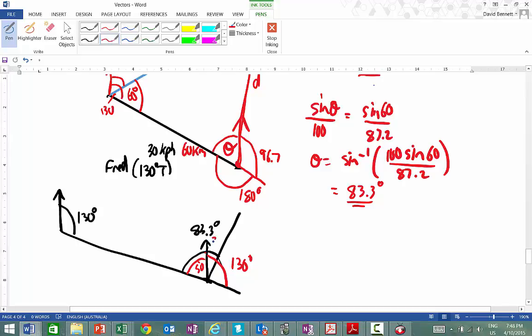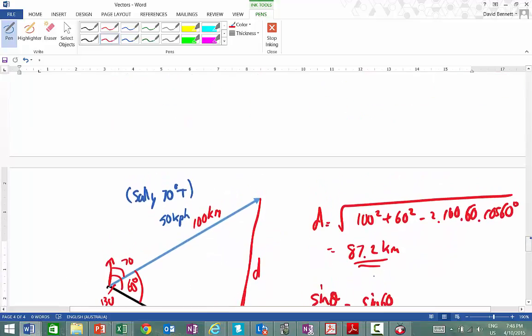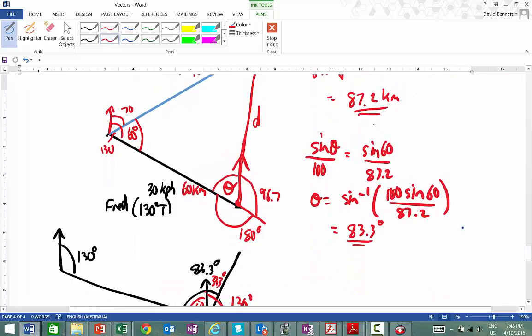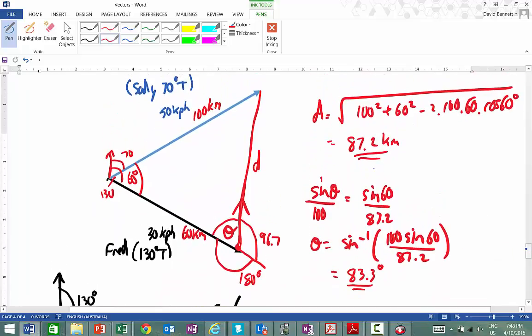That means that this angle in here is 33.3 degrees. So that's the bearing that I need to travel at in order to get to Sally if I was Fred. Get the idea? You've got to do a little bit of planning and working around with angles. To get all of your marks, you'll need to actually work out that angle.